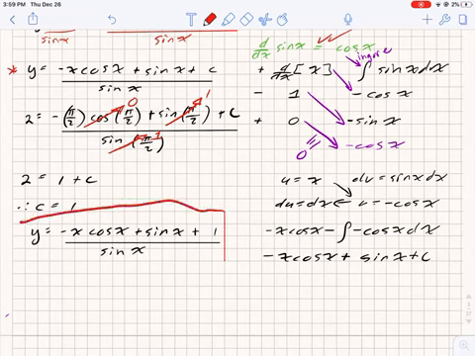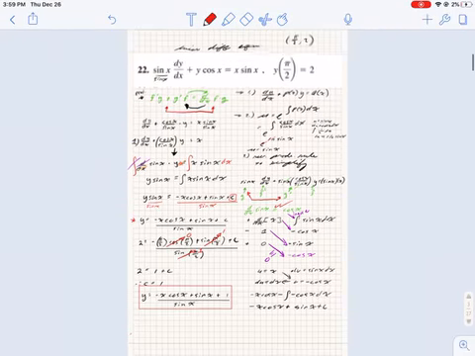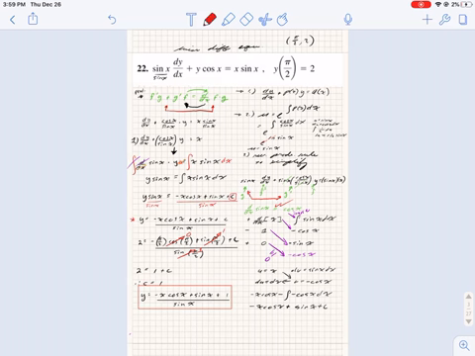And this is the solution to the linear differential equation that we were originally trying to solve. I hope that was helpful.